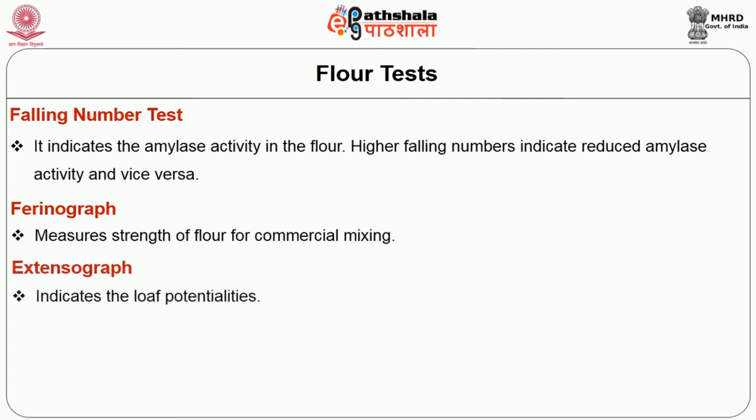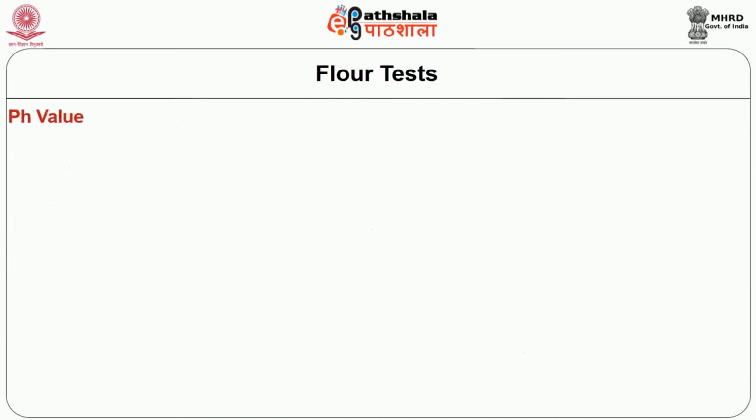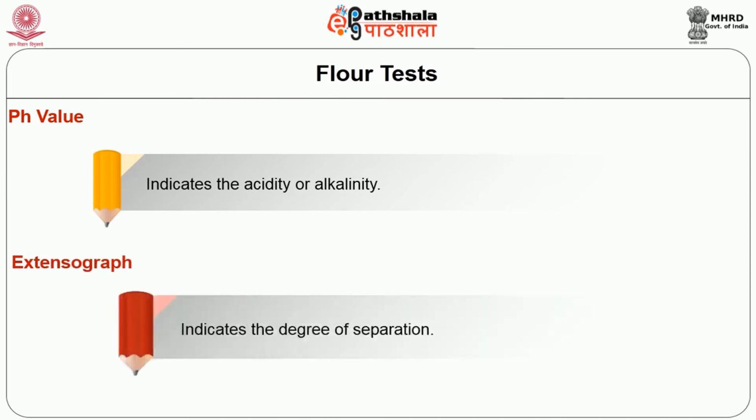Extensograph, it indicates the loaf potential. Michael viscometer, it indicates the amount of bleaching the flour has undergone. Actually, the bleaching of flour weakens the proteins. pH value, it indicates the acidity or alkalinity of the flour. Beaker color test, it indicates the degree of separation. One has to know these tests to judge the quality of the flour.